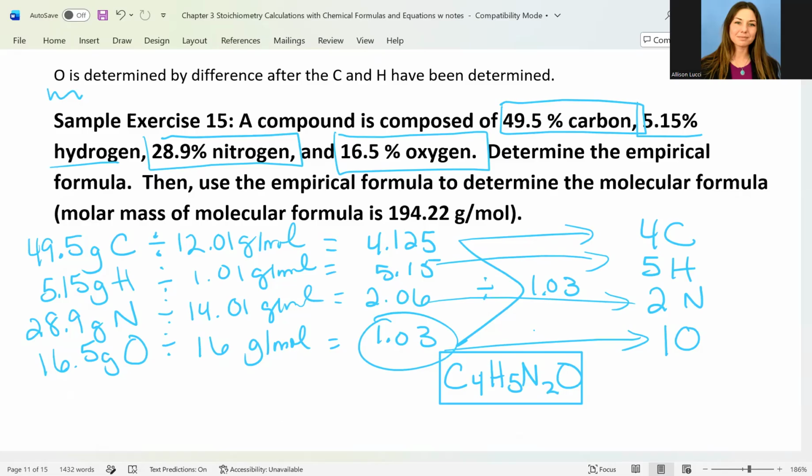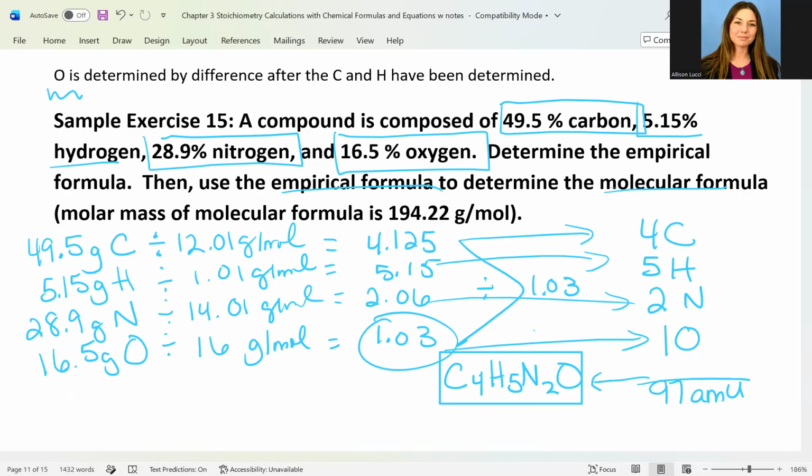We're actually asked one additional item here. We're going to use this empirical formula to determine the molecular formula. Remember, if we make the empirical mass out of this compound, we would multiply 4 times carbon, 5 times hydrogen, 2 nitrogens, and 1 oxygen. We would see that would be about 97 atomic mass units for the empirical mass.